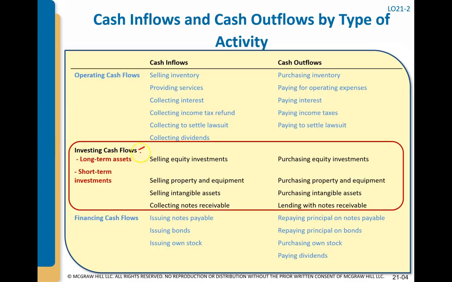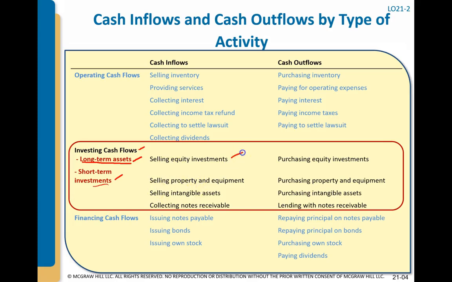Typically, for investing cash flows, we're going to look at long-term assets and look at the change that occurs within those assets to see what kind of cash impact they had. Also, if a company has a short-term investment, it will be in the current assets, but it also belongs in the investing activities section.